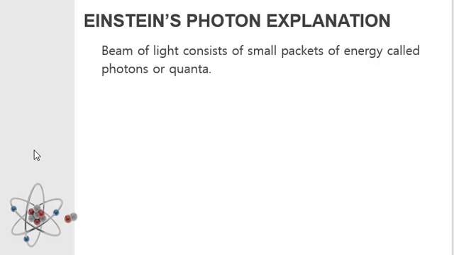So we have here the energy described as h times the frequency, wherein h is Planck's constant, equivalent to 6.62606693 times 10 to the negative 34 joule seconds.